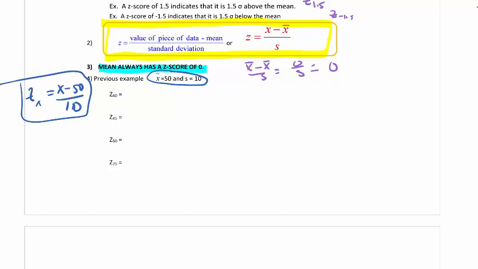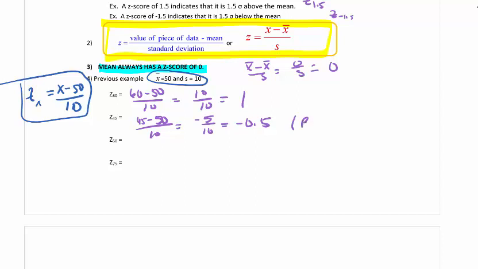So for this first one, 60 minus 50 over 10. This is one that we could do in our head, but again, they're not going to always be that easy. So 60 is 1 standard deviation above. Z of 45, we would take 45 minus 50 divided by 10. So I'd have a negative 5 over 10, and you do want to write it in decimal form. That's a negative 0.5.